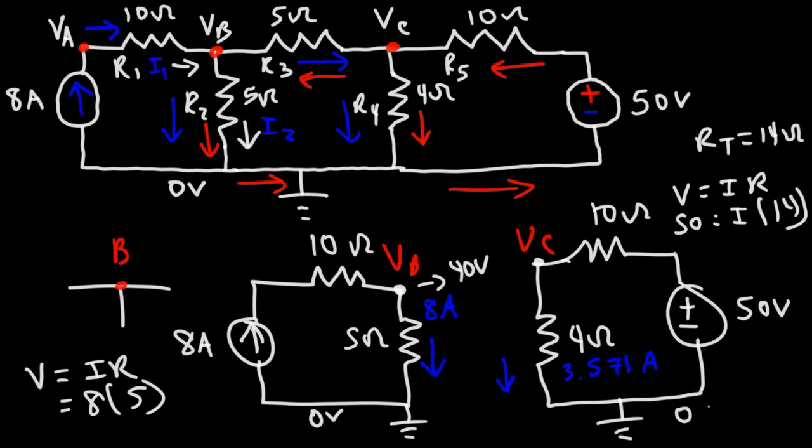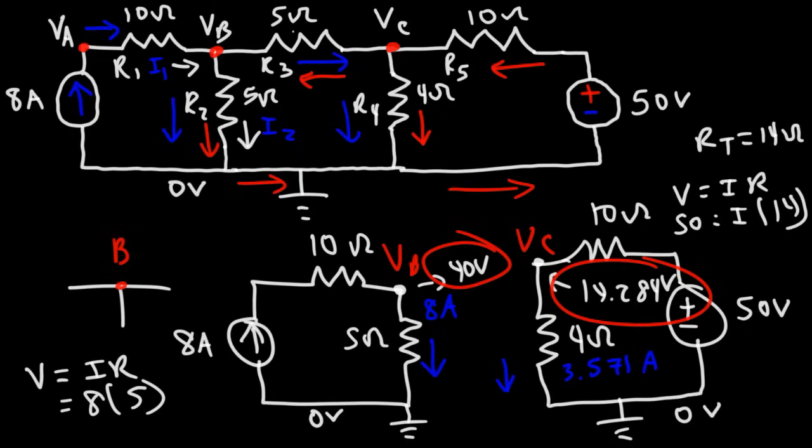Now the potential here is 0. So if we multiply the resistance by the current, using this same process again, we can get the voltage across that resistor. So 4 times 3.571 gives us a voltage of 14.284 volts. So notice that VB is significantly larger than VC.